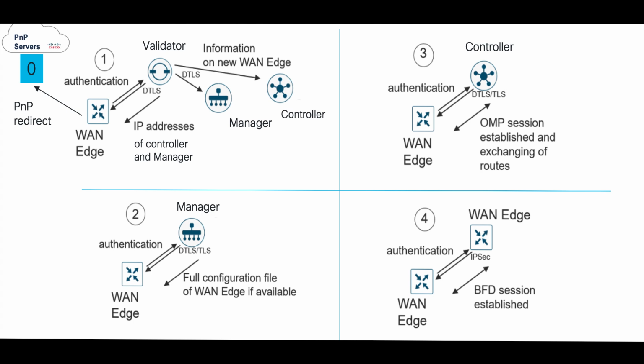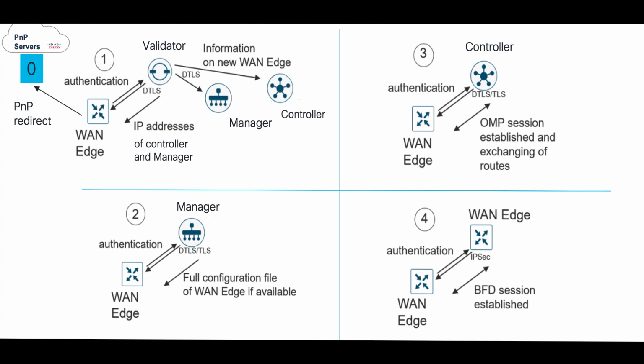They are able to establish a DTLS session between each other and also bring up an OMP session, so that the WAN edge can advertise the service routes, it can communicate, and it can also be informed about other routers in the fabric as well.